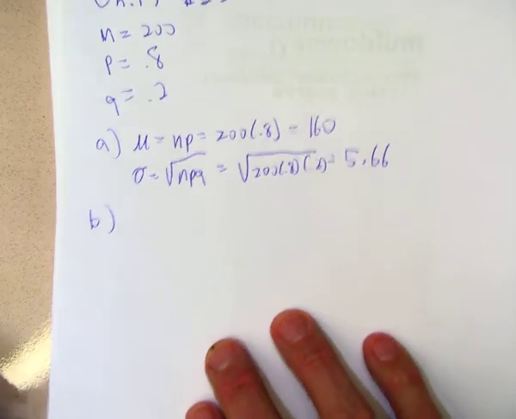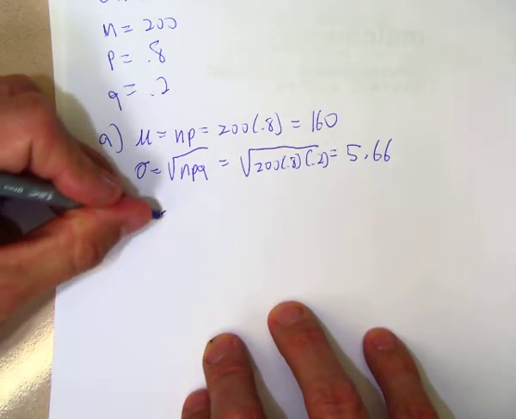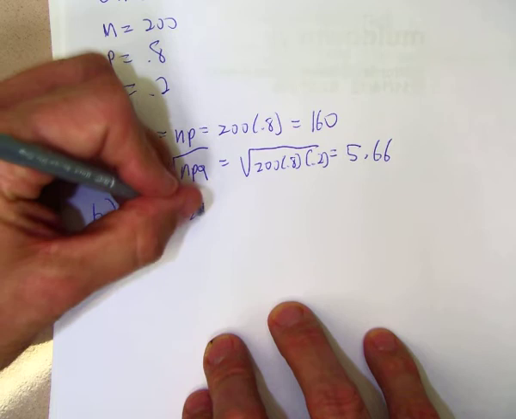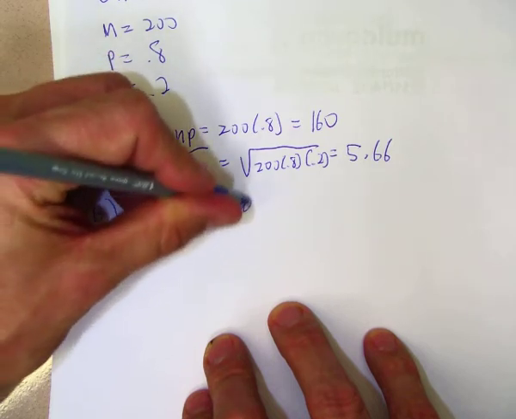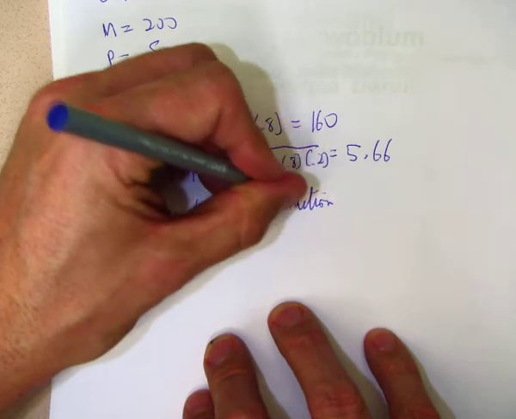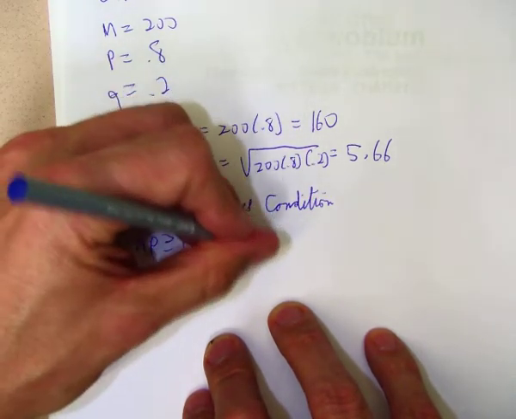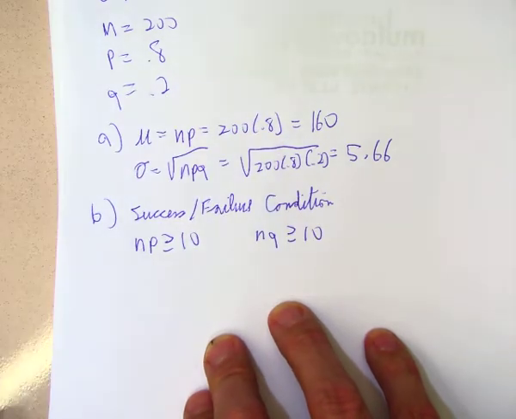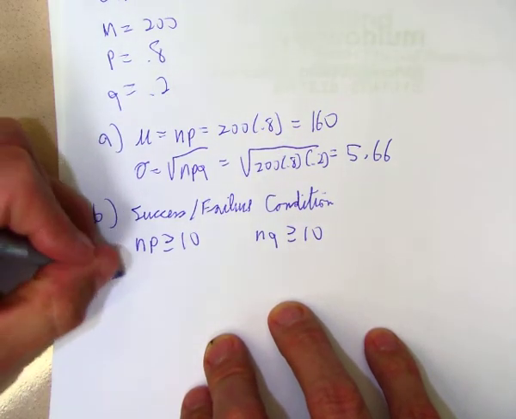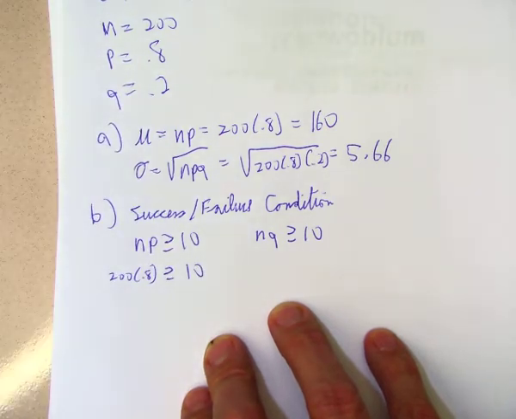In part B, they want to know, can we use a normal model? Well, whether we can use it is determined by the success-failure condition. And the success-failure condition says that np must be at least 10 and nq must be at least 10. Well, np is 200 times 0.8, that's 160, so that's at least 10.